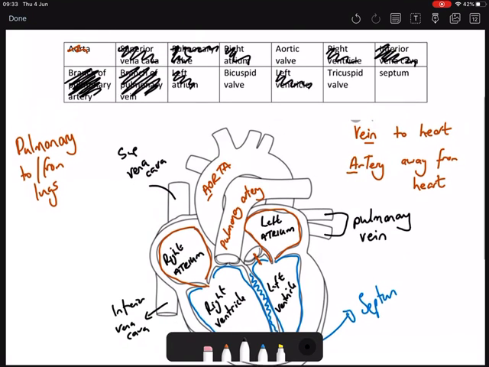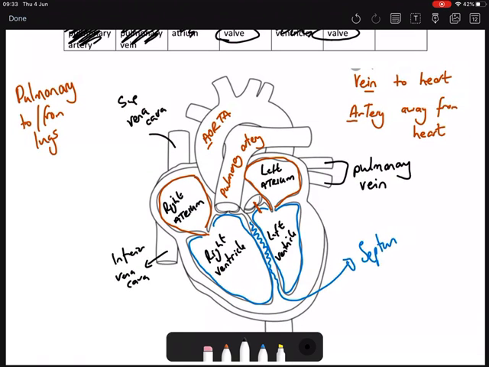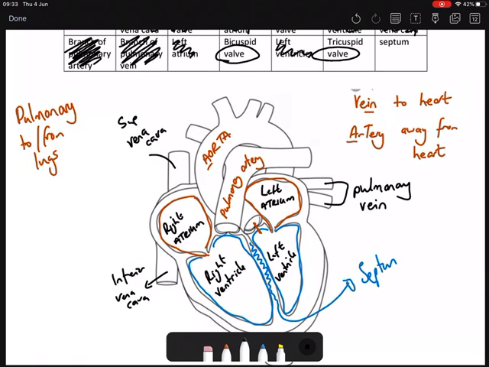And then we have these valves. We have the bicuspid valve and the tricuspid valve. And their job is very important. Their job is to make sure the blood is travelling in the same direction all of the time. Now the easiest way to remember this is that tricuspid has got an R in it, so therefore it's on the right hand side. It has 3 layers, that's why it's called tricuspid.